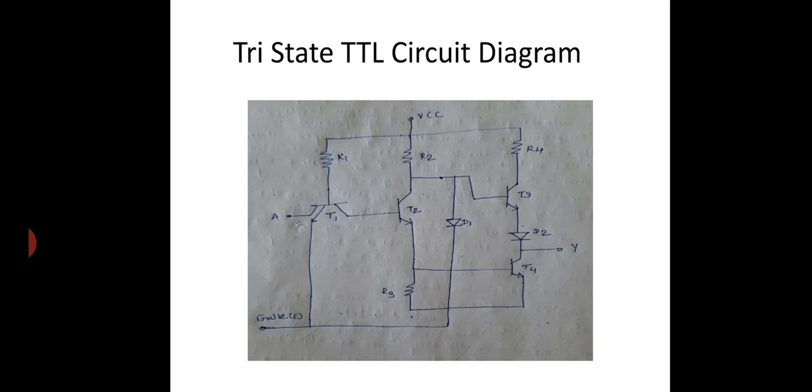That is, it utilizes the advantages of high speed of operation of the totem pole configuration and wire ending of the open collector configuration.